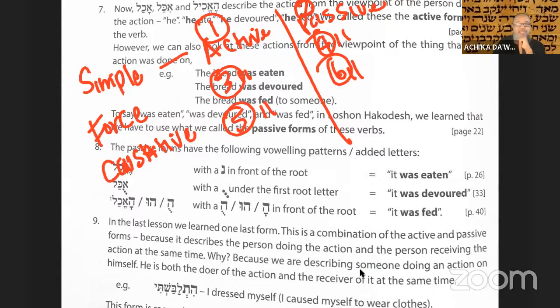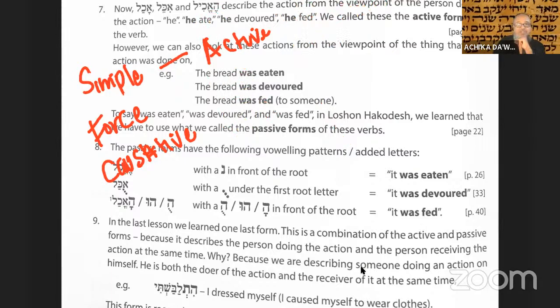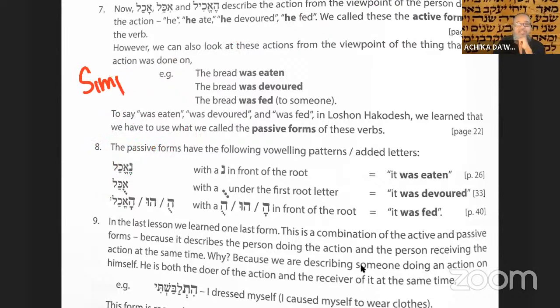So to do something passively, the symbols have to actually change. This is the reason why they're introducing us to the passive forms that follow below, and their vowel patterns. These are just other symbols that tell you how something has been done.